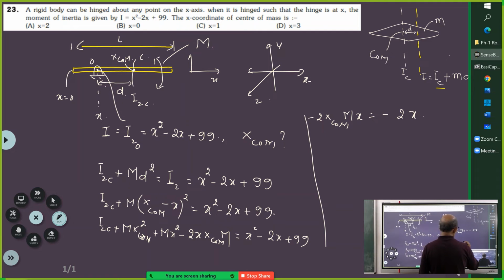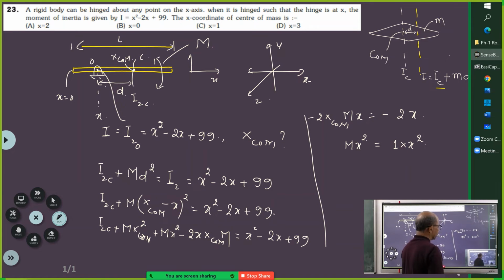So you can just cancel out these two minus 2 terms. The second thing is, the coefficient of x square is m, and the coefficient of x square on the right side is 1. Now you divide one by the other.